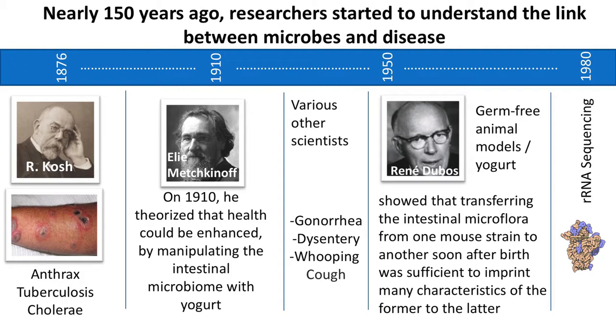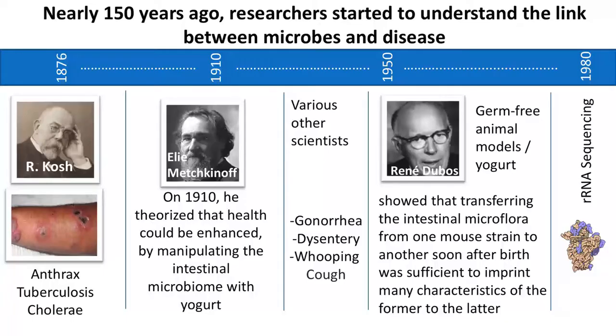He started working with mice and was able to transfer microbiota from one mouse to another and see how it was actually affecting the health of the other mice that received the microbiota. Again, that happened very early on, in the mid-century, but it wasn't really popular until recently.